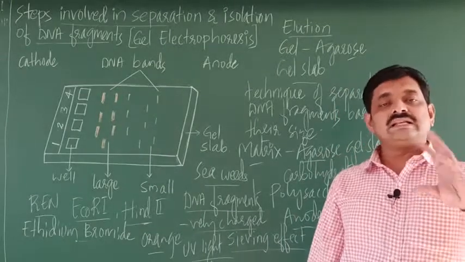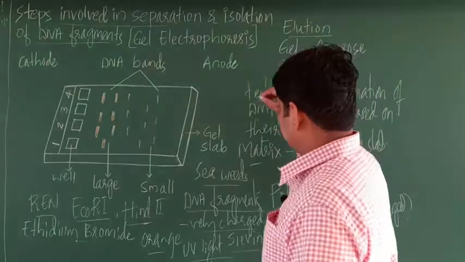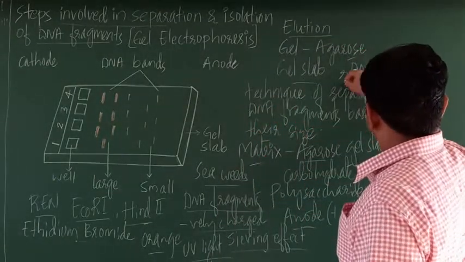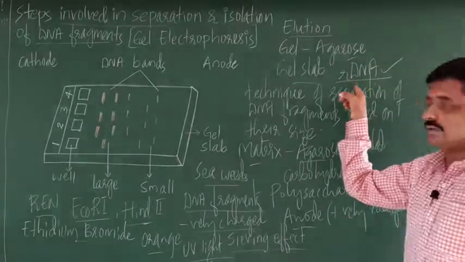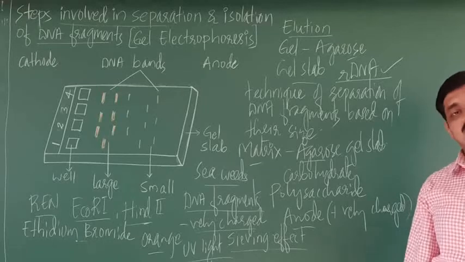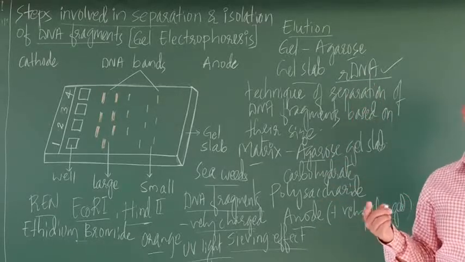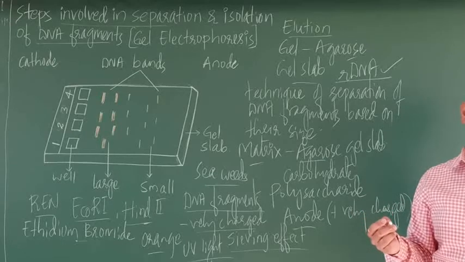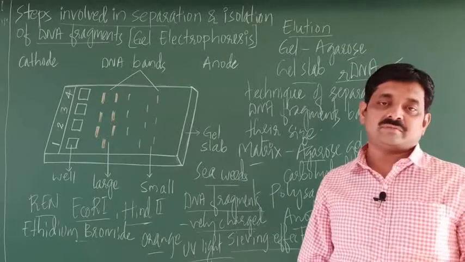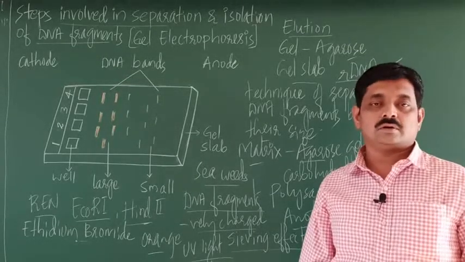Then these DNA fragments are used for creating recombinant DNA. After elution, these fragments can be used to create recombinant DNA molecules. So these DNA fragments are inserted in the plasmids and recombinant DNA molecule is obtained.